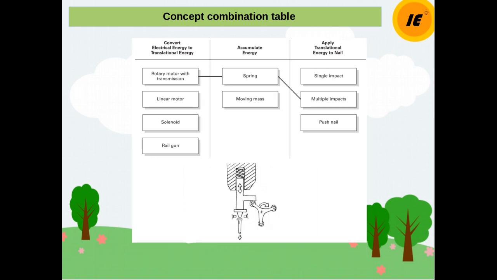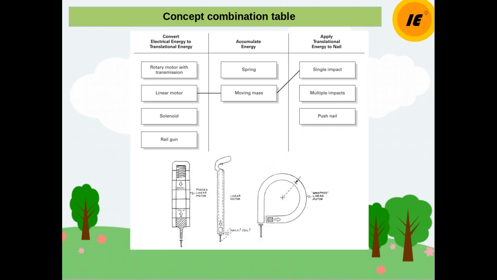Similarly, when you consider rotary motor with transmission, then spring, and then multiple impact, you'll get a solution like that. The last combination here is linear motor, moving mass, and single impact, and this is the solution.